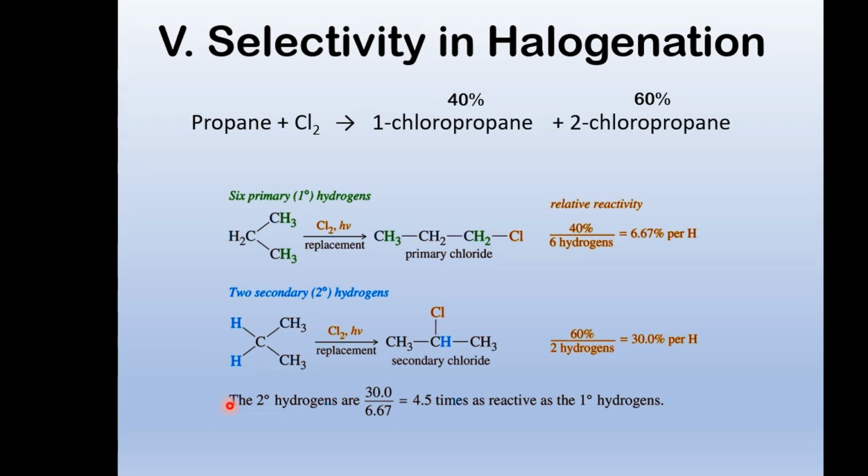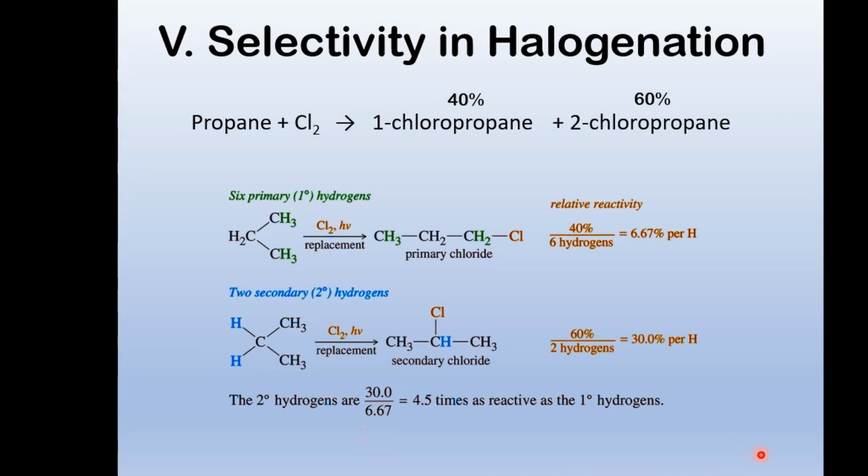So what's going on? We see more of this. And so Wade and other textbooks like to say, well, we have 6 hydrogens here, and 2 hydrogens there, and we get these percentages, ratio that together.